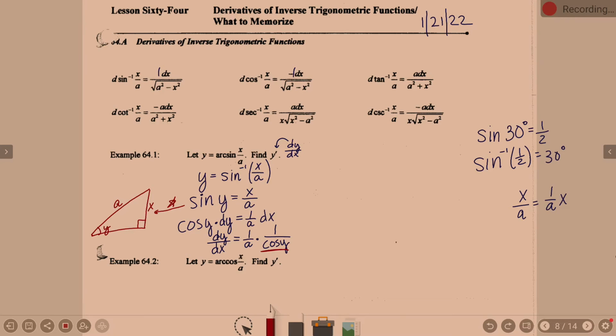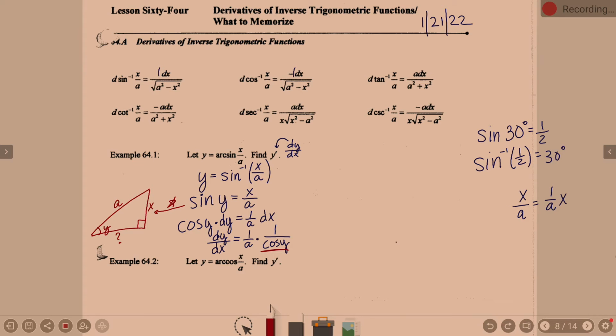Based on the fact that the other two sides of this right triangle are a and x. Pythagorean theorem, right? Because we need to know what that side is in order to do our cosine.